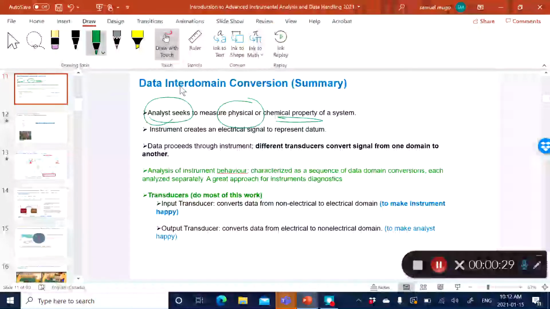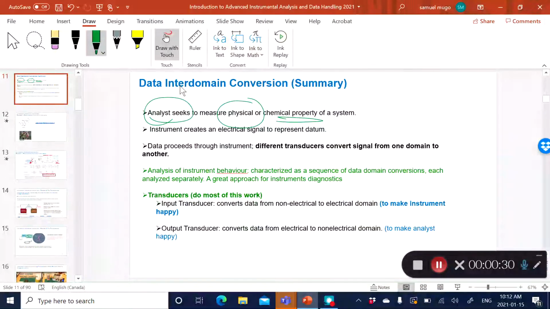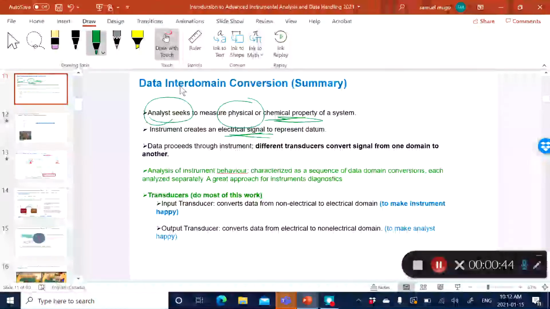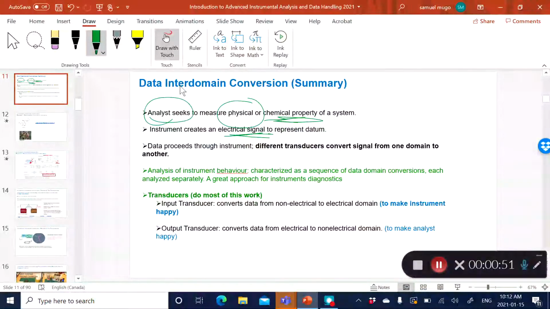Now, the instrument, on the other hand, hears electrical information. So the instrument converts the physical or the chemical quantity into electrical information, which can easily be transduced through the instrument.